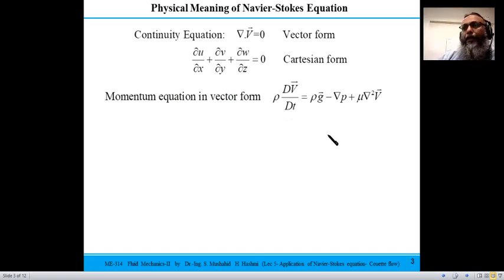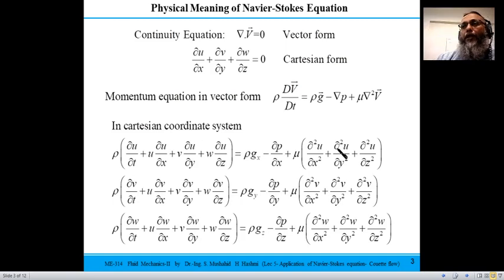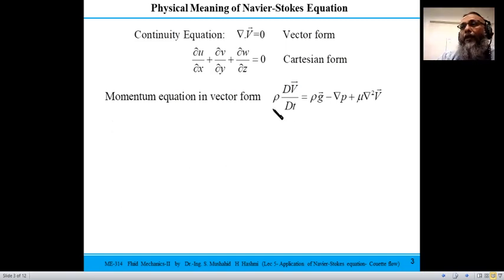The same is true if you write the momentum equation in vector form. Here it is independent of the coordinate system. You can write it for Cartesian, cylindrical, or spherical coordinate systems. Depending upon the problem at hand, we can use the governing equation to solve the problem.